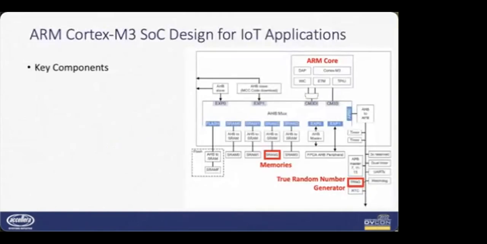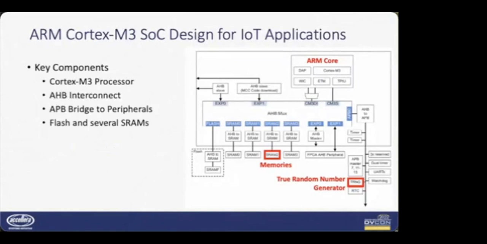This design is an SoC targeting IoT applications. It has an Arm Cortex-M3 processor, AHB interconnect that connects to flash memory and several SRAMs. There is an APB bridge to peripherals, for example, a true random number generator, a real-time clock, and a UART.